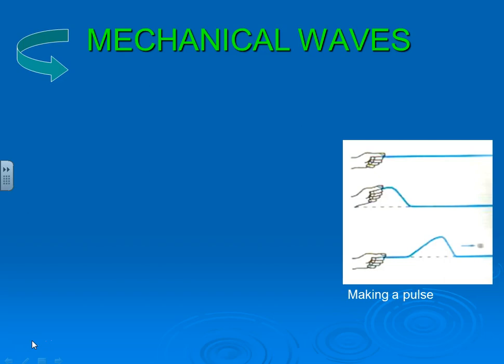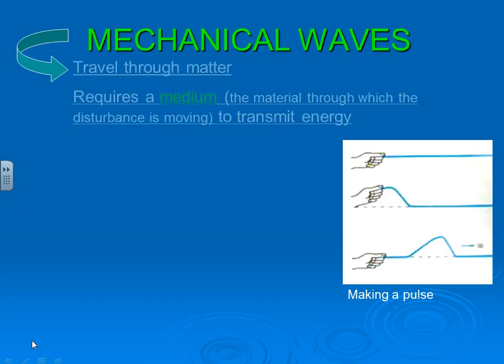Okay, now that we've covered wave anatomy and you know all the different parts of the waves, we're going to go back to mechanical waves. There are going to be 3 different types of mechanical waves that we're going to talk about. But before we talk about them, we're going to go over some terminology that you need to know in order to discuss waves academically.